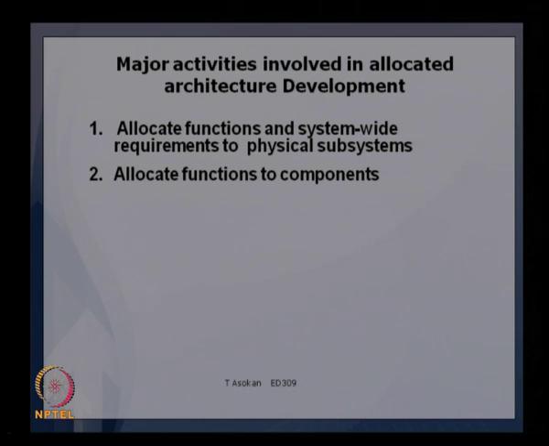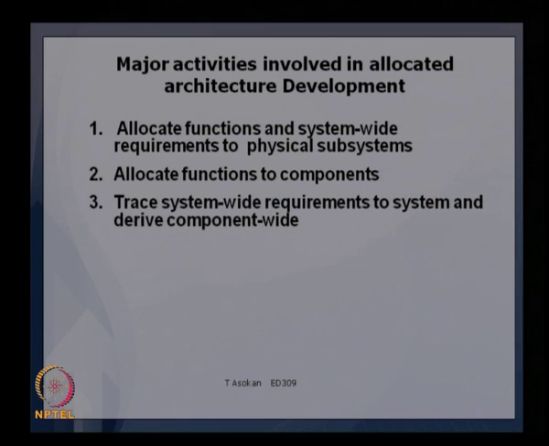There are different methods of allocating the functions to components, we will go through them later. Then trace system wide requirements to the system and derive component wide requirements. We have the system wide requirements, so we need to see how these system wide requirements are implemented in the architecture. We have to trace these system wide requirements to the system and its components.